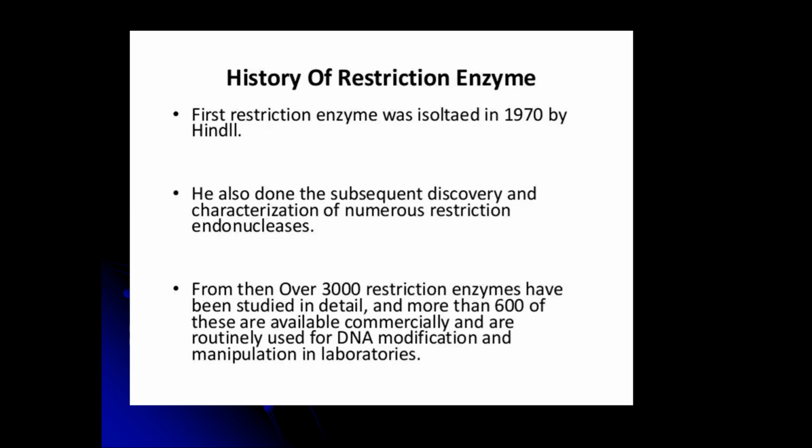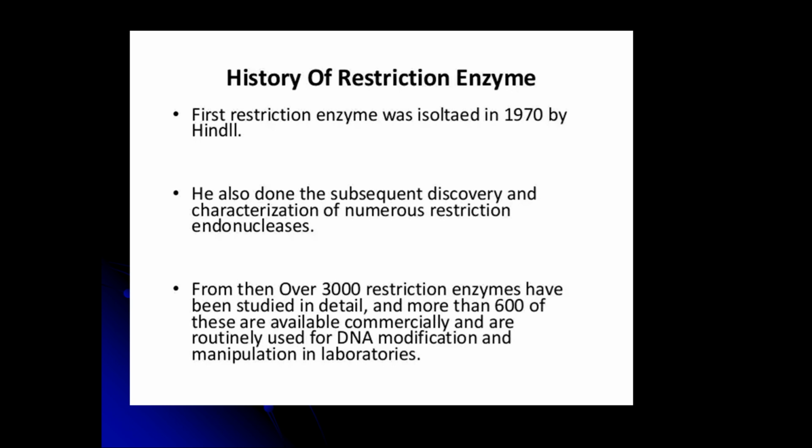First of all, what is the history of the restriction enzyme? The first restriction enzyme was isolated in 1970, and the first restriction enzyme was HindII. He also did the subsequent discovery and characterization of numerous restriction endonucleases.